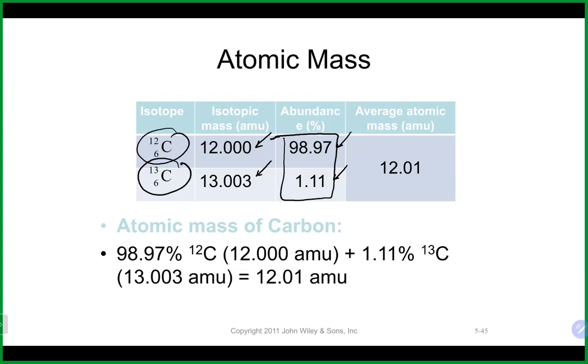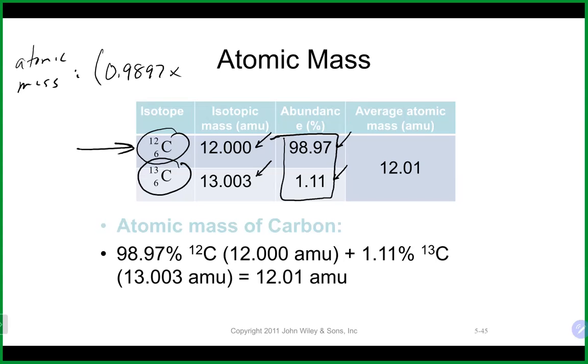So to calculate this, you can do one of two things. Basically the calculation is at the bottom, but if you're going to calculate the atomic mass, you would take your first isotope, which is our carbon-12 isotope in this case, and you could either move the decimal place 2 places to the left to convert the percentage into a decimal, or you could divide by 100, and that would do it for you.